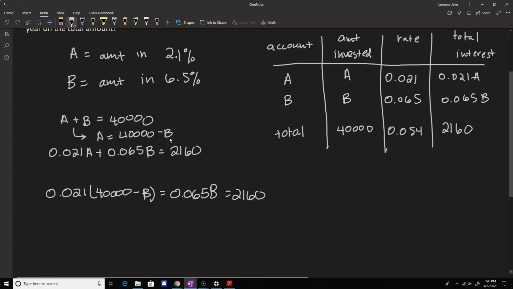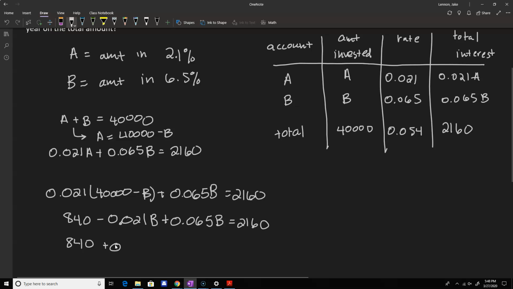I wrote an equals down where it should have been a plus, so let's adjust that and distribute. 0.021 times 40,000 is 840, so we get 840 minus 0.021B plus 0.065B equals 2160. So 840 plus 0.044B equals 2160.